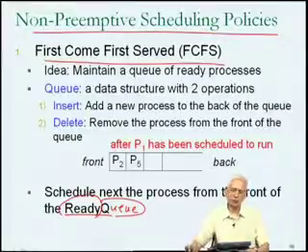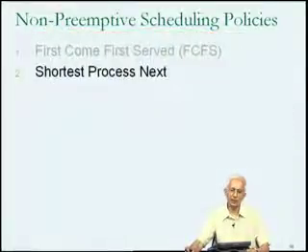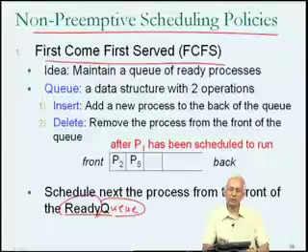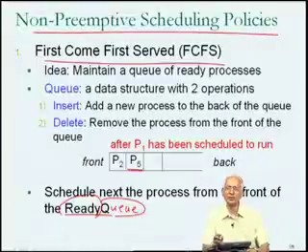So you may ask, what's the problem with this particular scheduling policy? And the answer is that just imagine what happens if process P1 takes a long time to execute, and process P2 has also a huge amount of execution time, but process P5 requires only a small amount of time to execute.